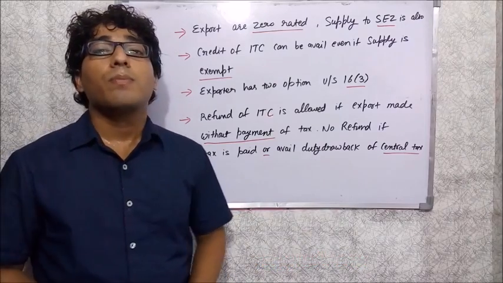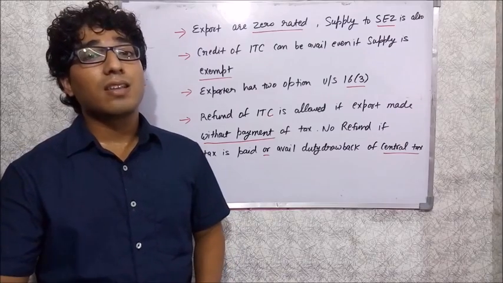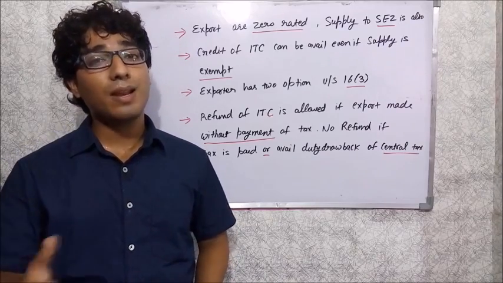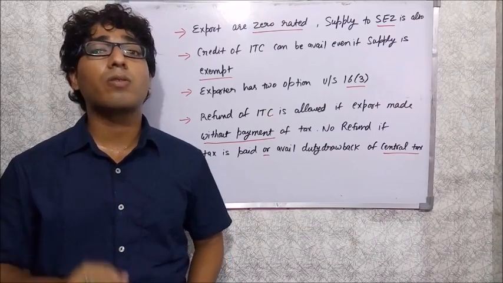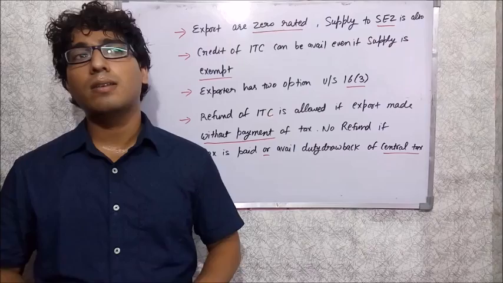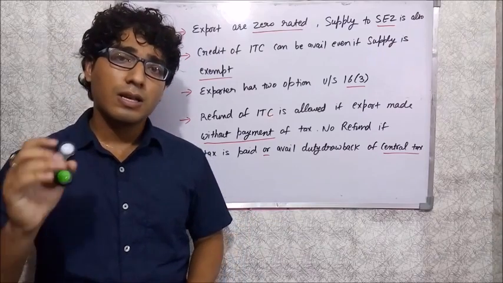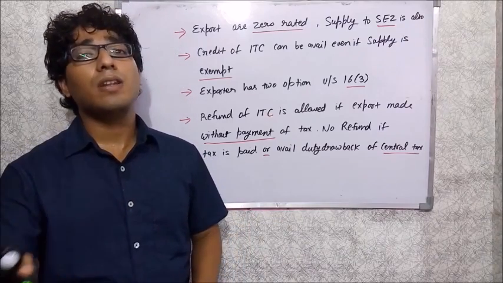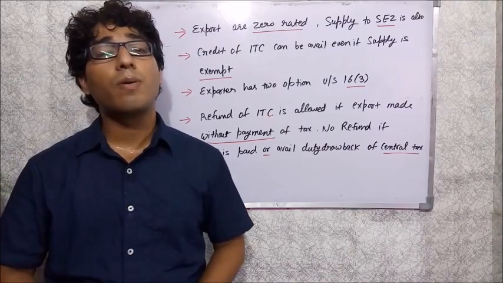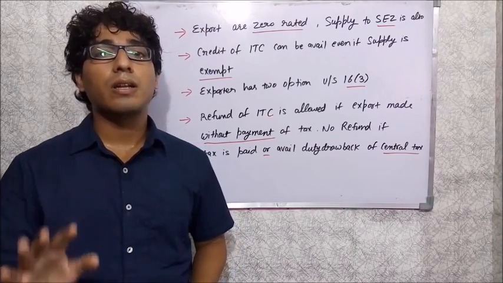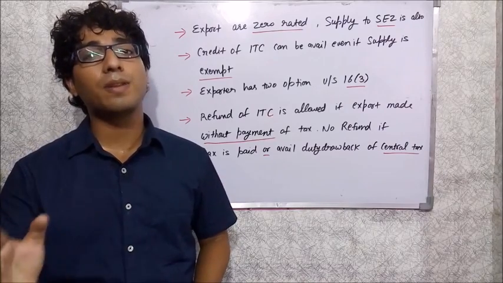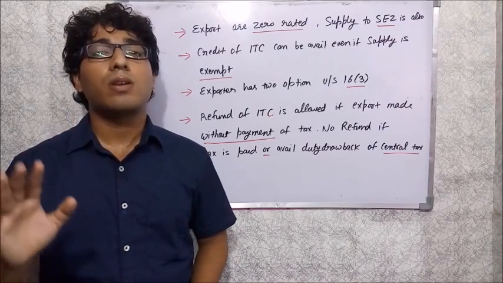Also one more important point: a lot of people have been asking me whether the duty drawback scheme is similar. I want to clarify that the duty drawback scheme which was there under sections 54, 74 and 75 of the Customs Act was the same up to 30th September 2017, that is July, August, September.